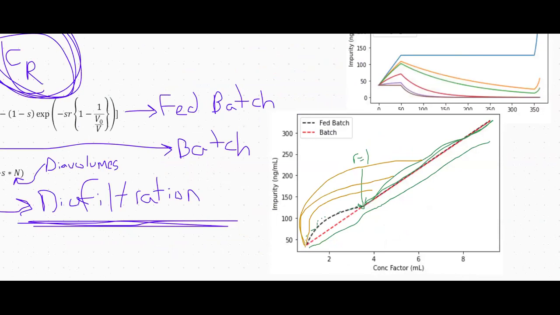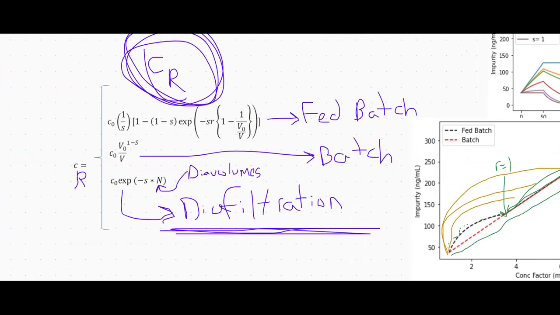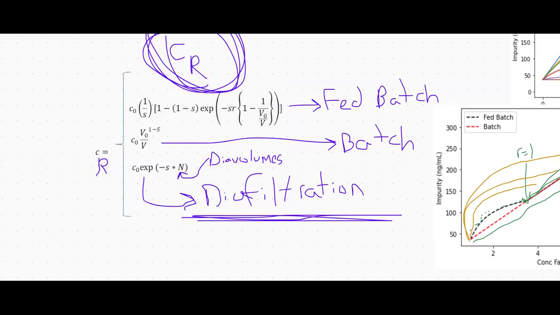Some people may ask, okay, well, why don't you just use this equation here? You have your initial concentration and your final concentration.